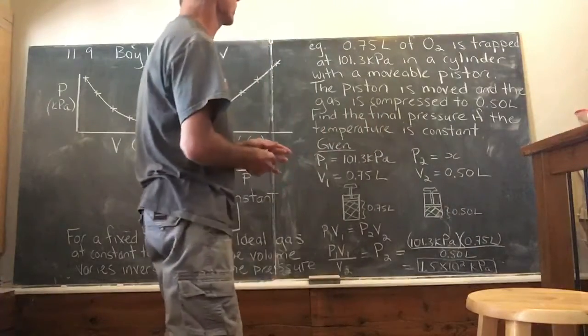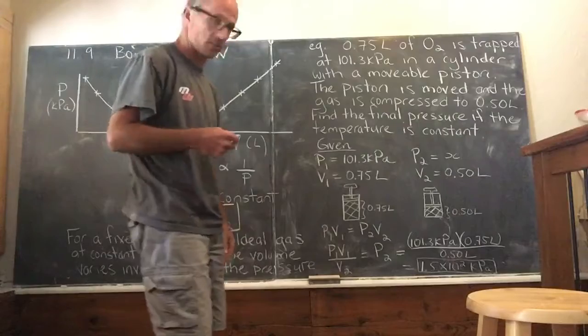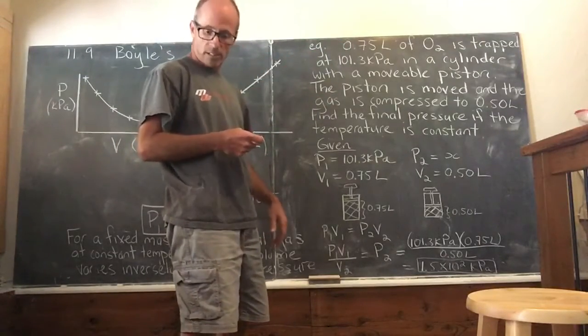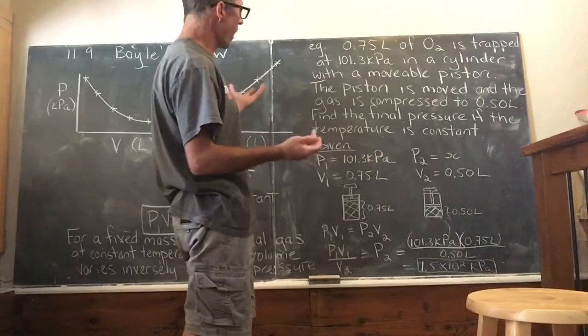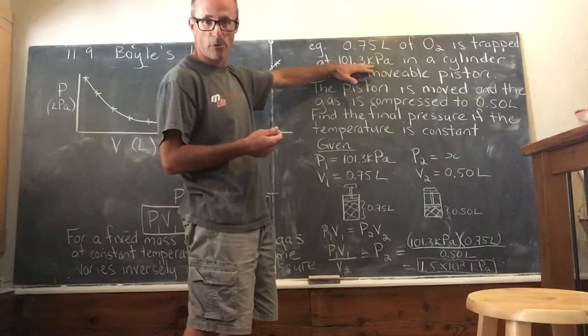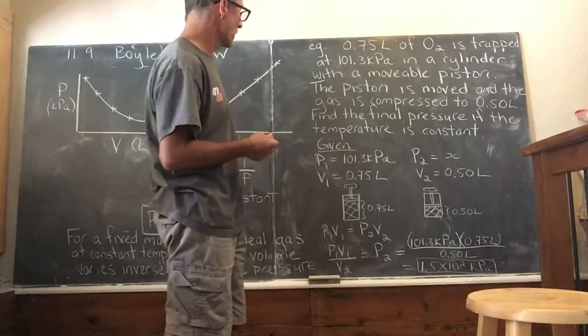Now, let's look at an example. The example that we're going to go through involves a piston. So if we have 3/4 of a liter in terms of the size of a piston, and it's full of oxygen, and it's trapped at 1 atmosphere of pressure, which you'll remember is 101.3 kilopascals in a cylinder.